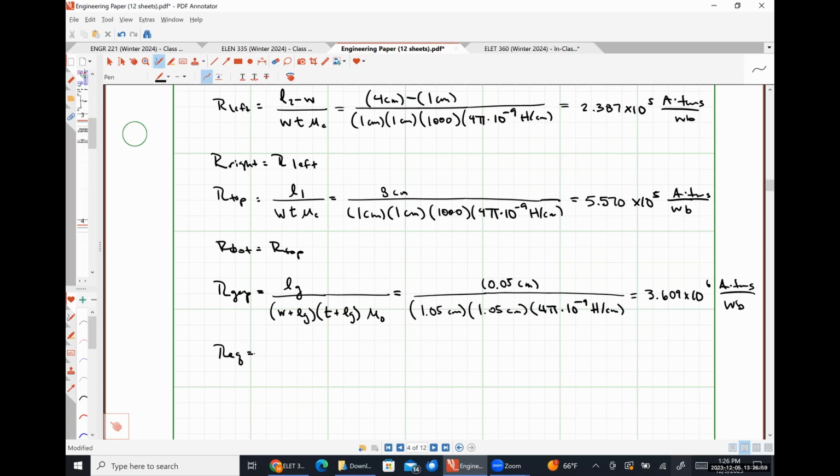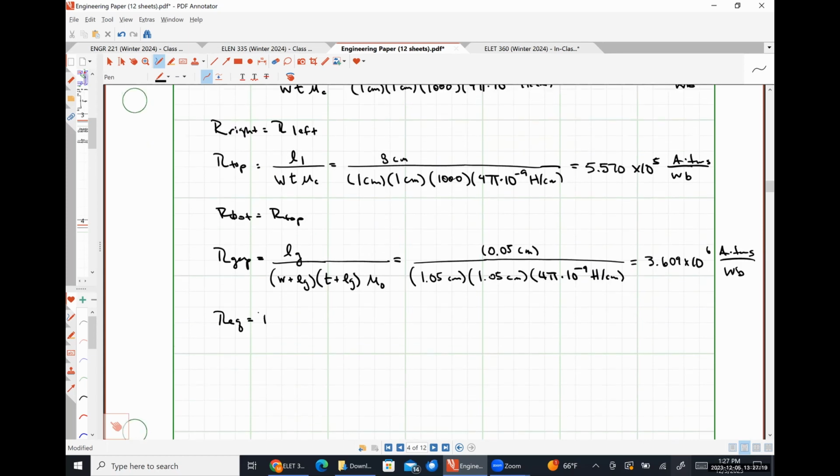So if we are trying to provide the most efficient flux path as possible, we need to figure out how to minimize our air gaps as much as possible in order to have a nice, efficient electric machine.